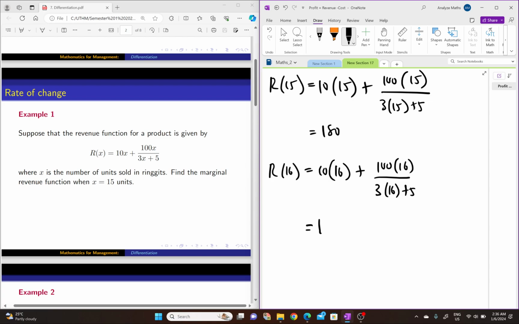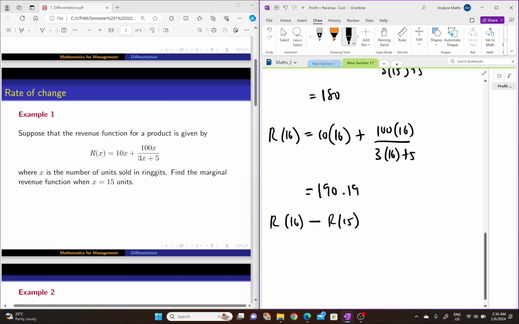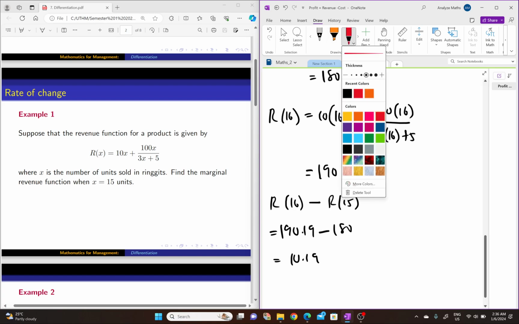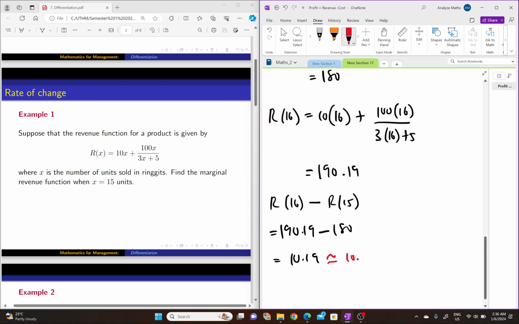This one is 190.19. Now if you minus, you will get 190.19 minus 180, and you will get 10.19. This is almost near to 10.2, the one we found just now.